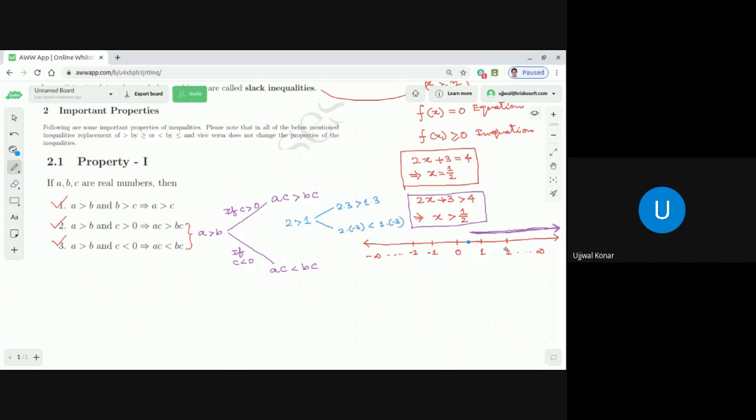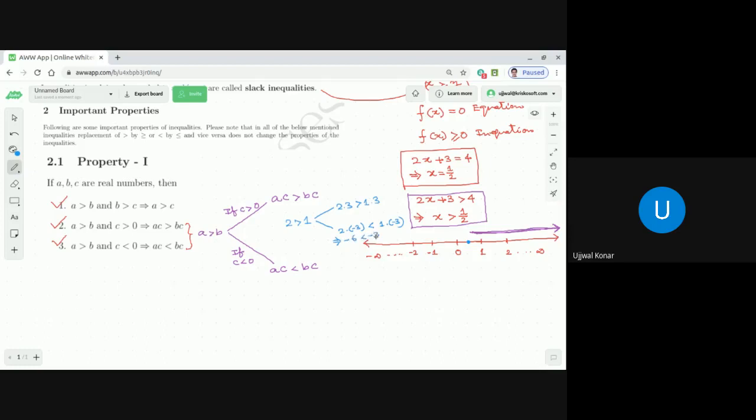And that is evident from the number line. If you remember the number line, between two numbers, which one is more? The number which is to the right with respect to the other is the greater, no? Yes. If you represent minus 6 and minus 3 on the number line, what will you get?